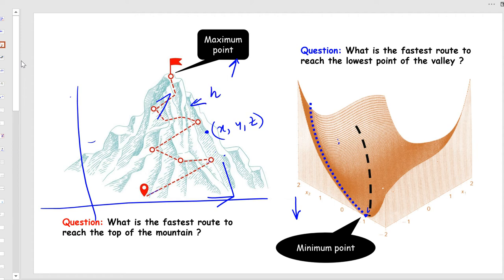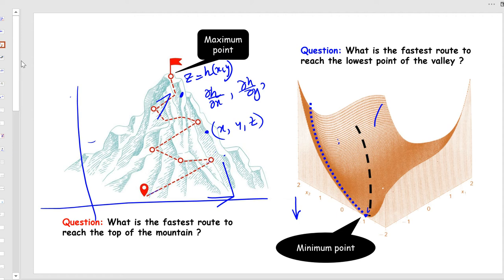The height will have ∂h/∂x and ∂h/∂y. In fact, you can call it a function of two variables. At any point on the surface, z equals f, and this particular point can be defined as h of x and y.